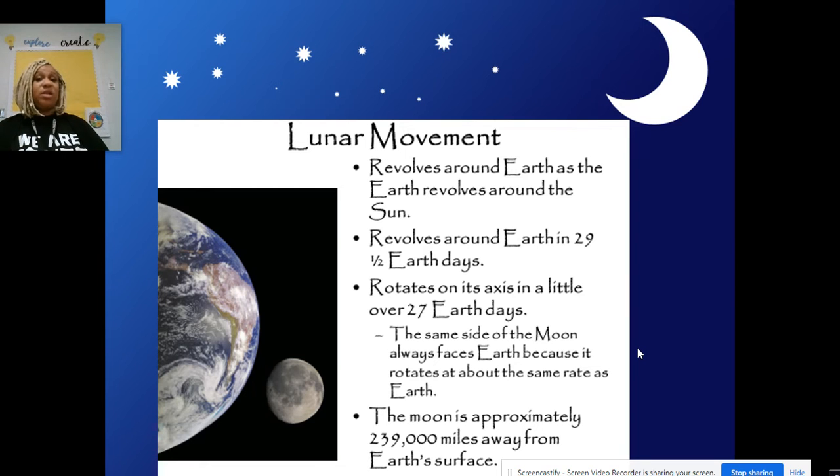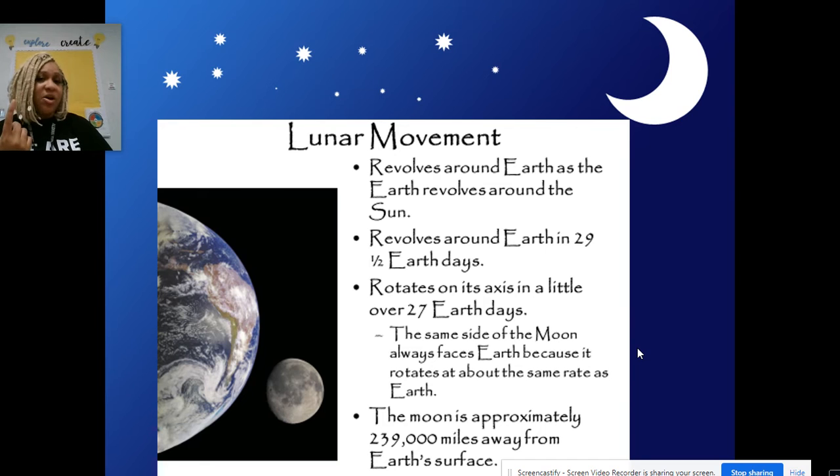And notice it says 29 and a half days right there, but I gave you that range of 28 to 30 days. Just remember a lunar phase cycle takes 1 month. It rotates on its axis in a little over 27 Earth days. And remember, the Earth days are happening because clearly we have that rotation.